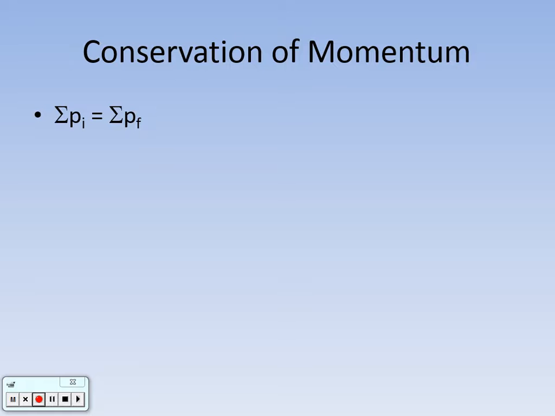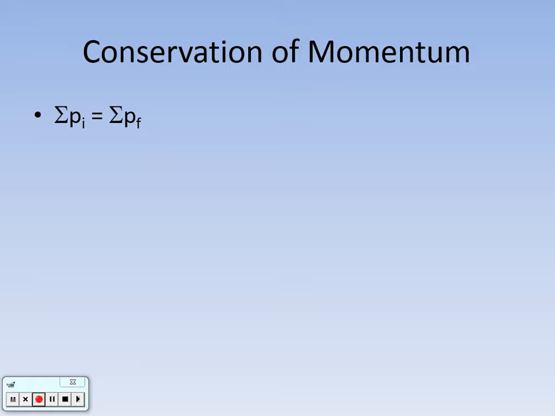If we throw the delta in front of it, then it's change in momentum. And the i represents initial. So sigma p_i means we add up all of the momentum of all of the objects involved in a situation at the beginning of that situation.